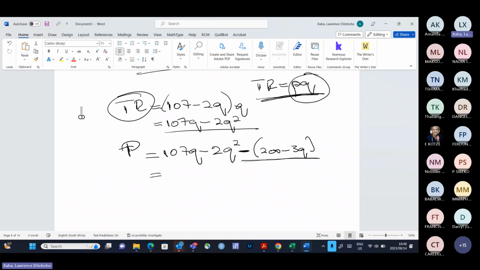So we'll just rewrite the TR minus 200 plus 3Q.